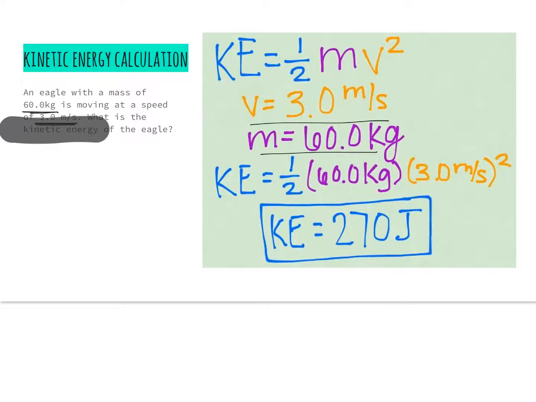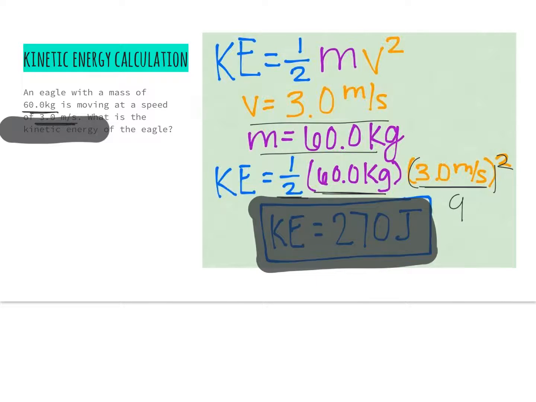Then all you have to do is plug those in. So 1/2 times 60, which is our mass, times 3.0 meters per second, and you have to square this whole thing. That ends up being 1/2 times 60 times 9, since 3 squared is 9. That gives us a total kinetic energy of 270 joules.